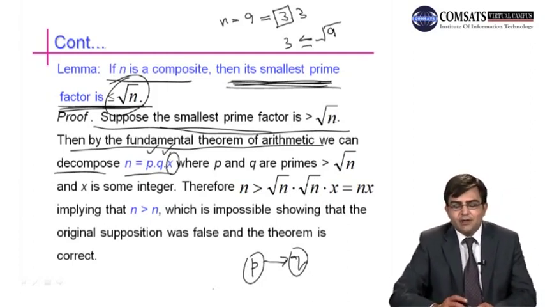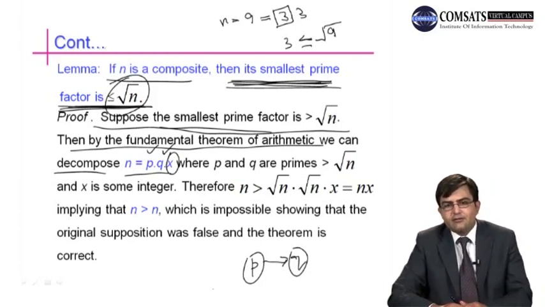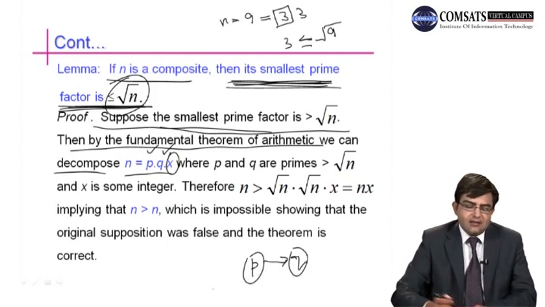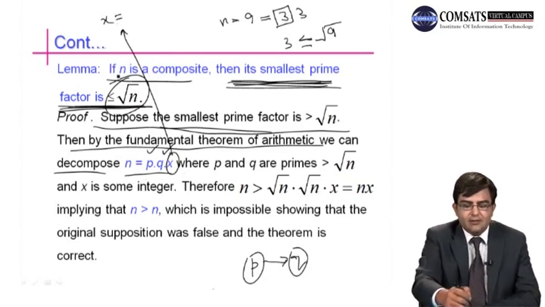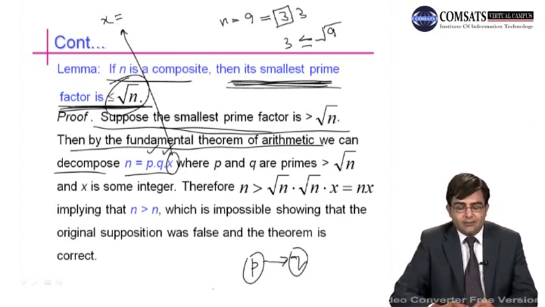It may be prime, it may be composite, but we can write n as a product of two primes and some other factor, p, q, x. Here x could be a prime number or a composite number.